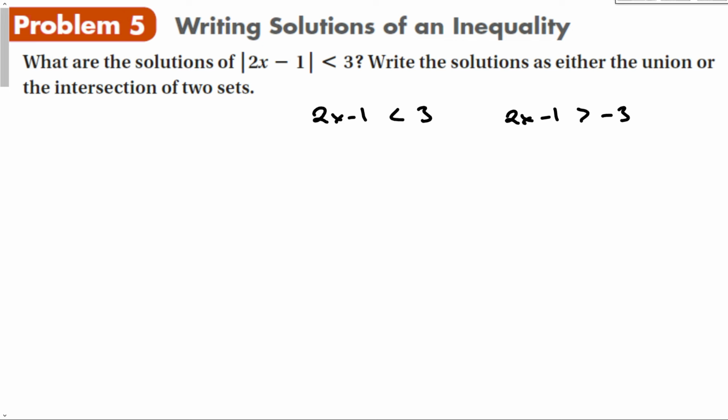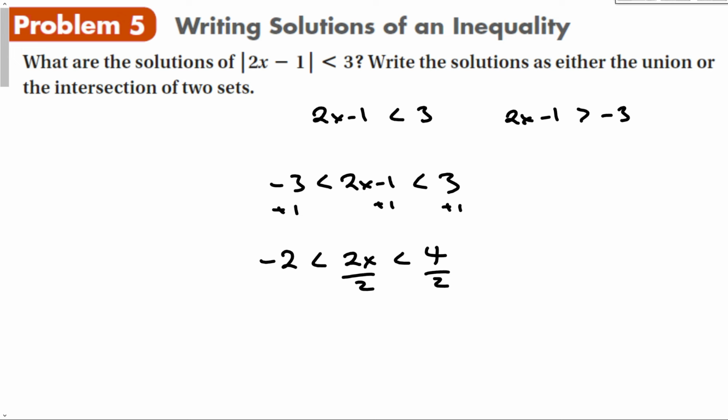And because both of these are an and inequality, we can rewrite this as negative 3 is less than 2x minus 1 and is less than positive 3. I can solve this by adding 1 to every side. That gives me negative 2 is less than 2x is less than 4. Divide everything by 2, and I get negative 1 is less than x is less than 2.